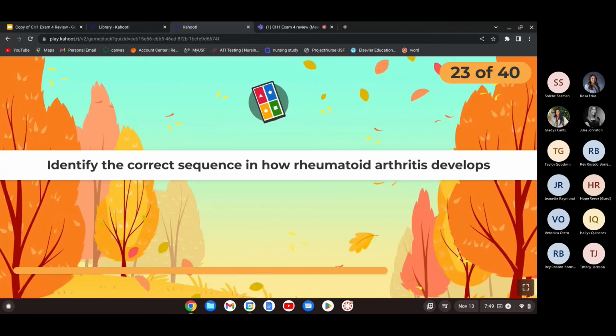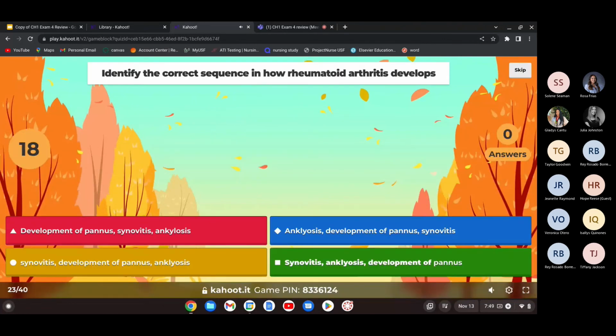All right. Identify the correct sequence of how rheumatoid arthritis develops.